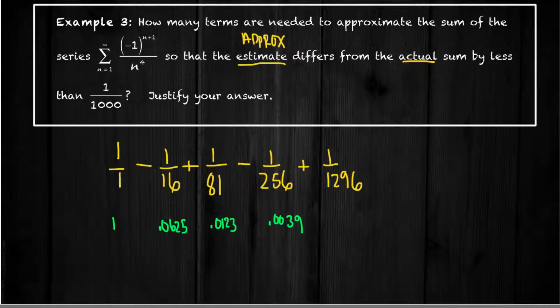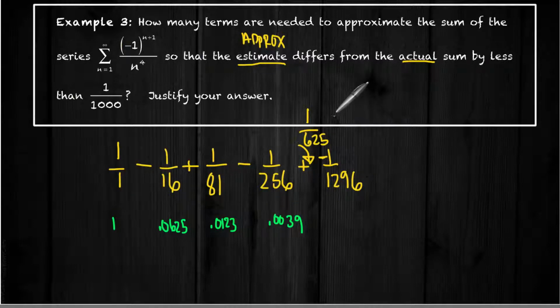And I forgot a term somewhere in here. And that term should be 1 over 625. And that makes this term a negative. So excuse me. It should be plus 1 over 625 and then minus 1 over 1296.